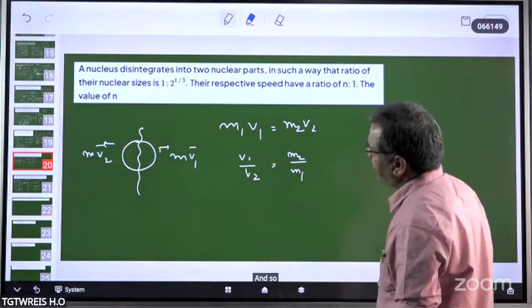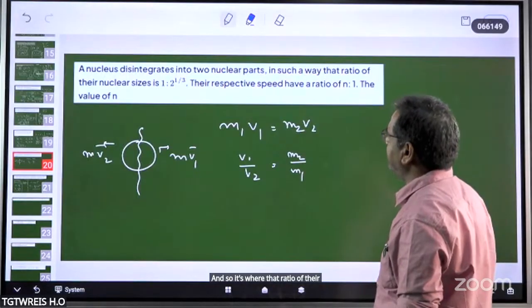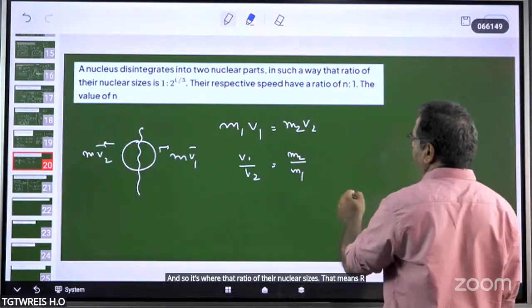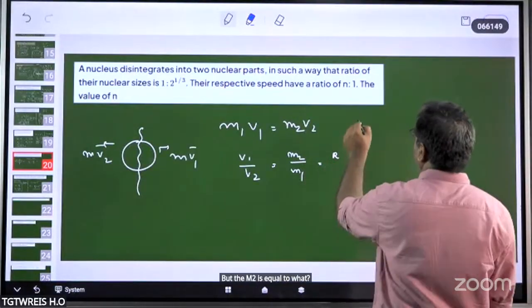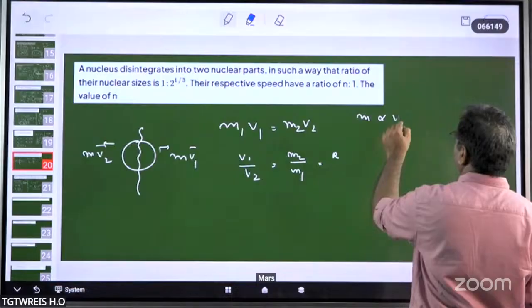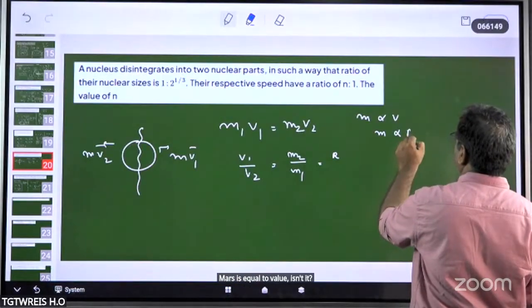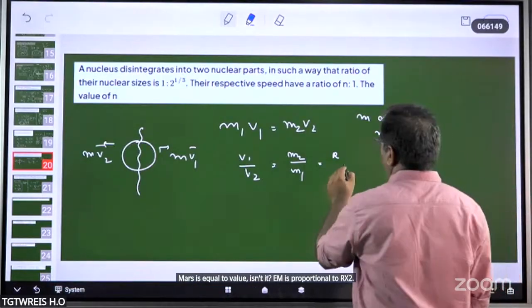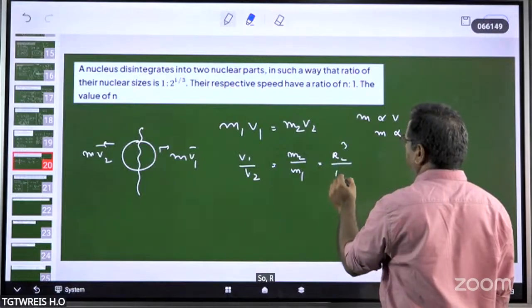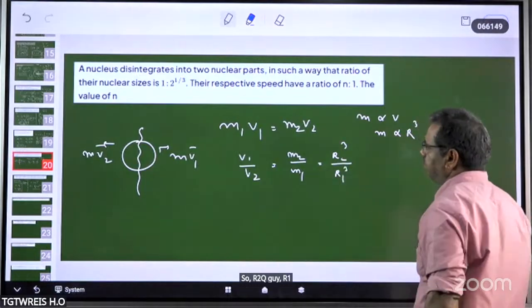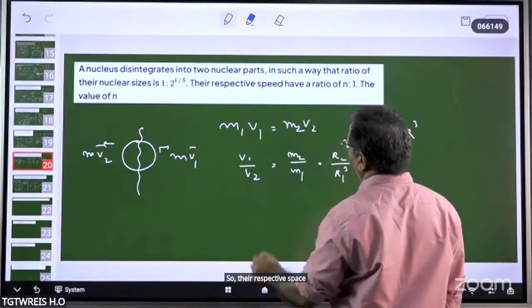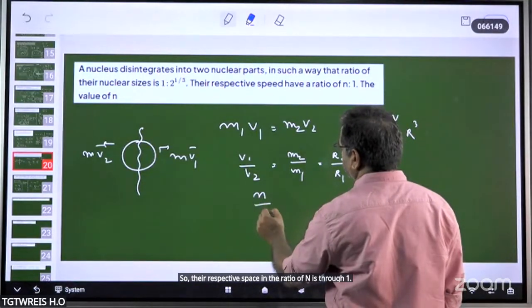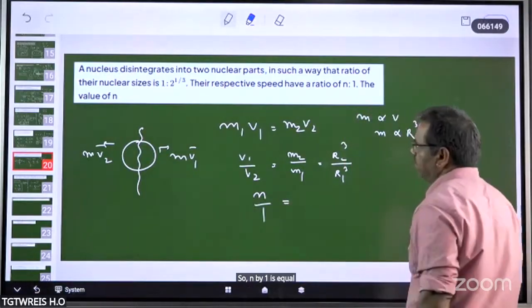The ratio of their nuclear sizes, R1 by R2, is given. But mass is proportional to volume, isn't it? M is proportional to R cube. So M2 by M1 is R2 cube by R1 cube. Their respective speeds are in the ratio n is to 1, so n by 1 is equal to R2 by R1 whole cube.